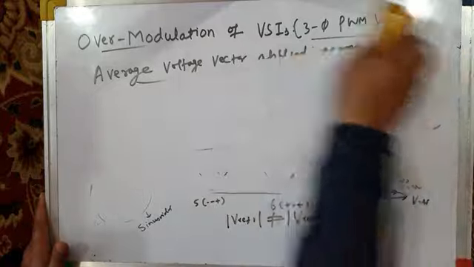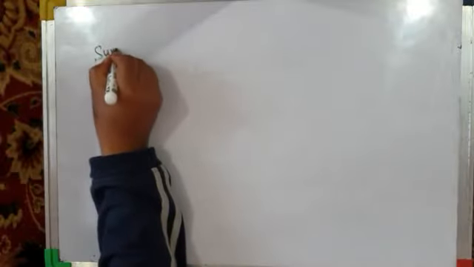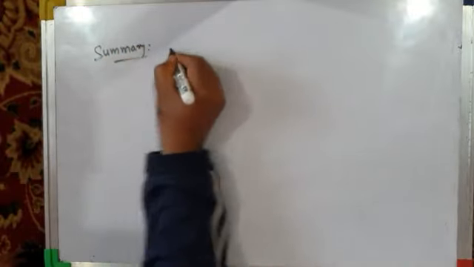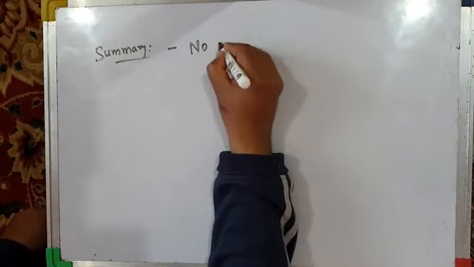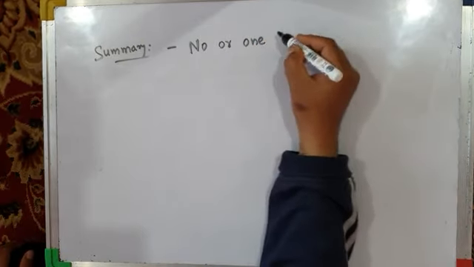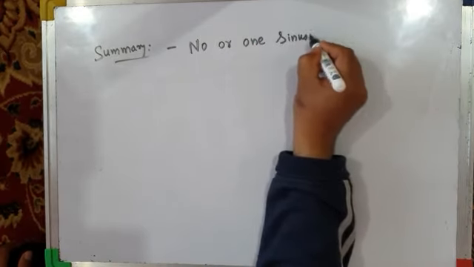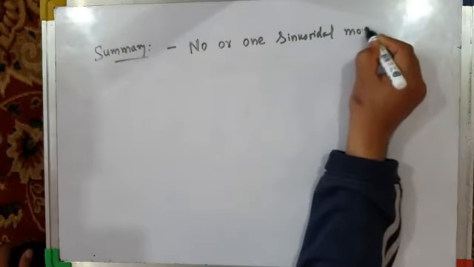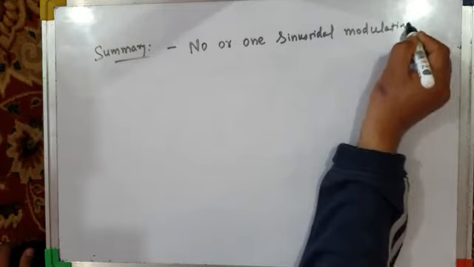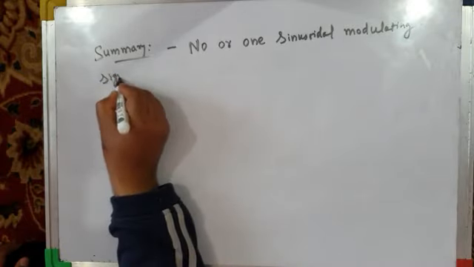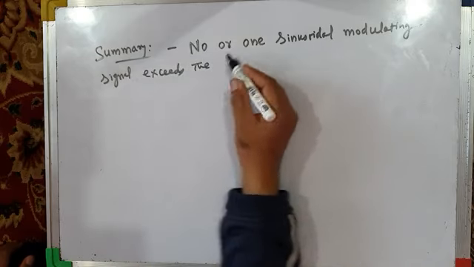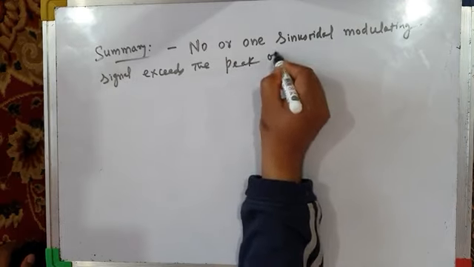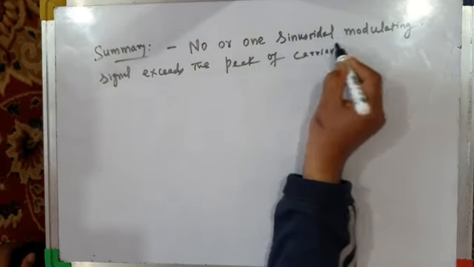So let us summarize what we have learned for modulation index equal to 1.1. Let me give you a summary. First point: no or one sinusoidal modulating signal exceeds the peak of the carrier signal.